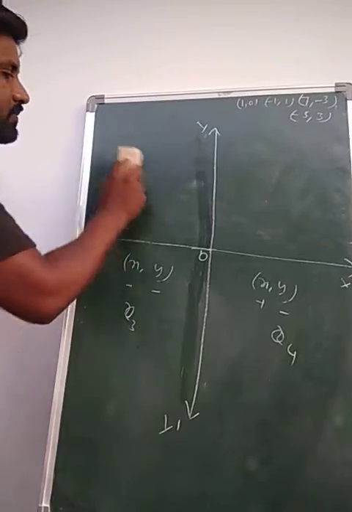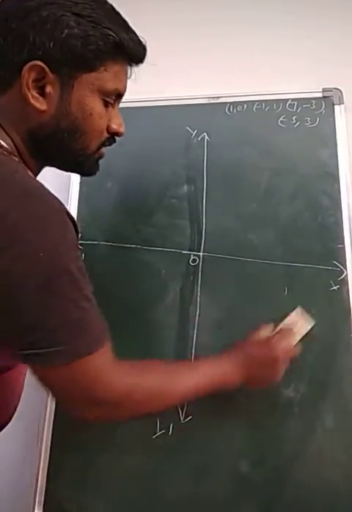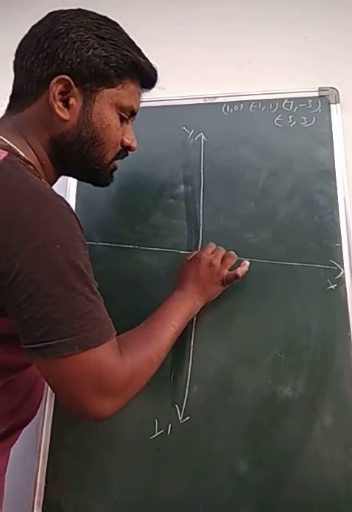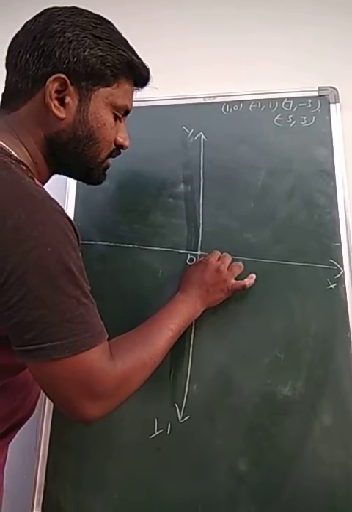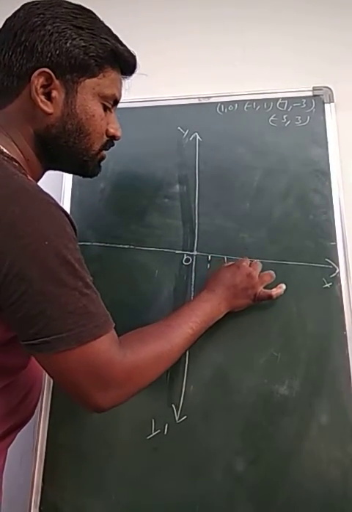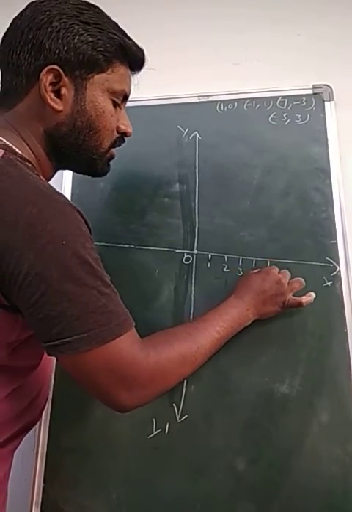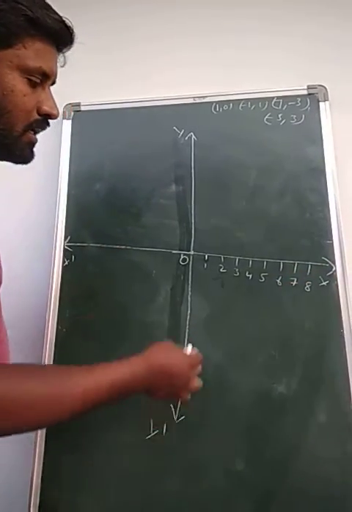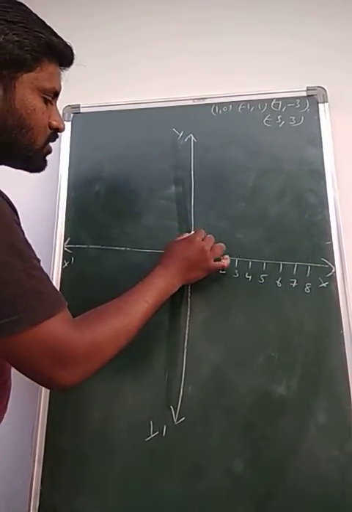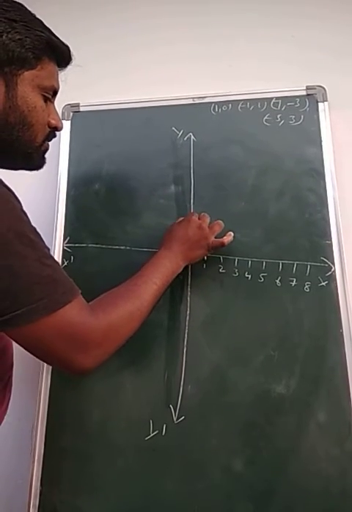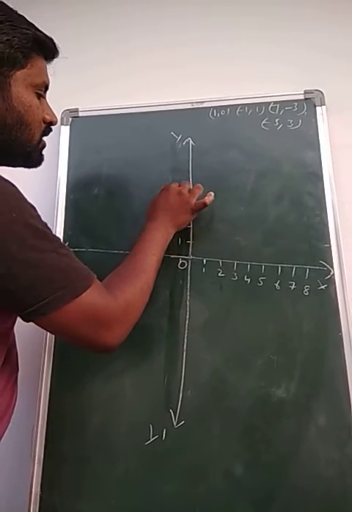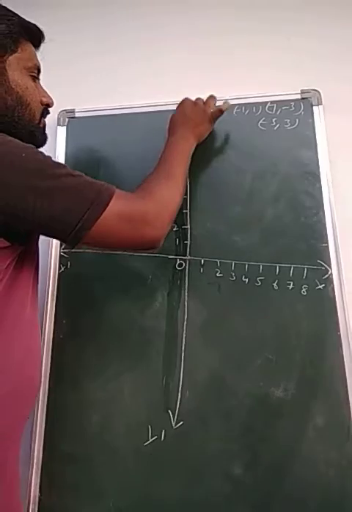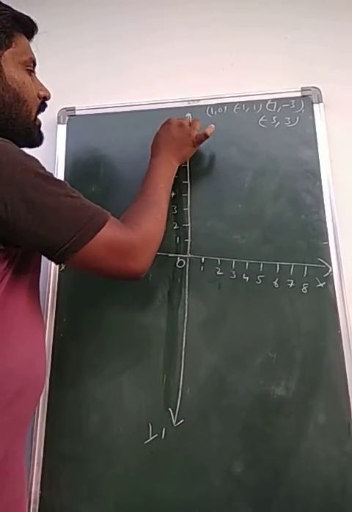Now we can take the values from 0. On the ray OX, the positive values are 1, 2, 3, 4, 5, 6, 7, 8, and on OY also positive, 1, 2, 3, 4, 5, 6, 7, 8.